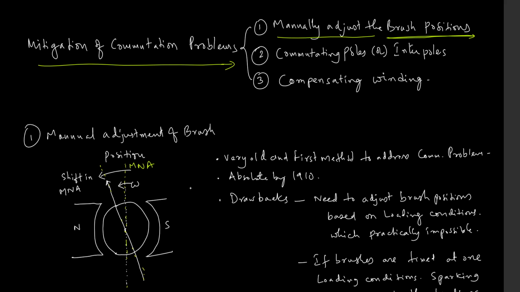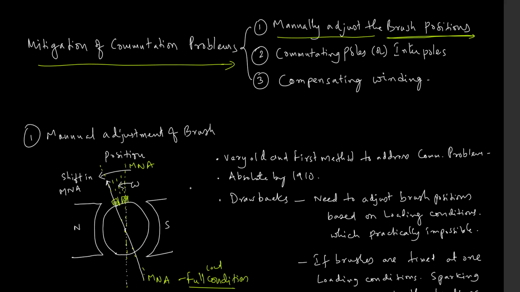Let us assume that this magnetic neutral axis pertains to the full load condition. In an intermediate loading condition, it will be somewhere in between these two magnetic neutral axes, right? Now depending upon the load, the brush position should also be shifted from one position to another from time to time.